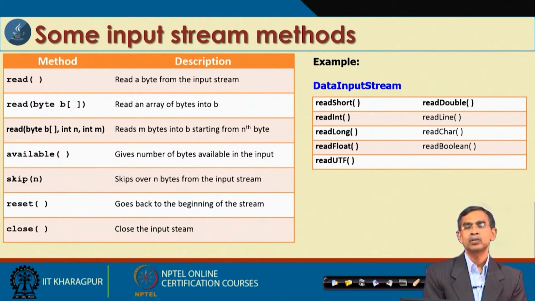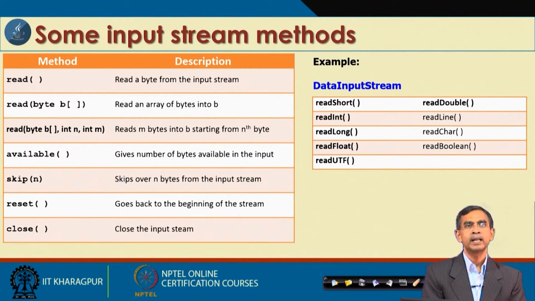The methods basically belonging to all classes are overridden methods. For example, the read method that can be used for any, say for byte array input stream, we can use the read array method for that. It is basically the overridden method that is there in each class. So, in general, a read method, as we see, reads a byte from the input stream.